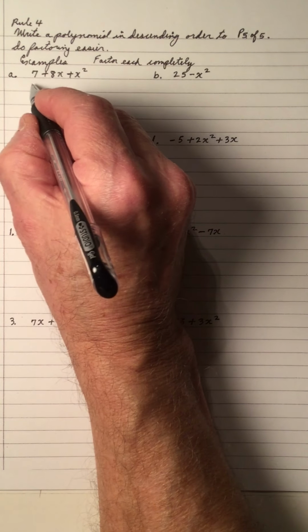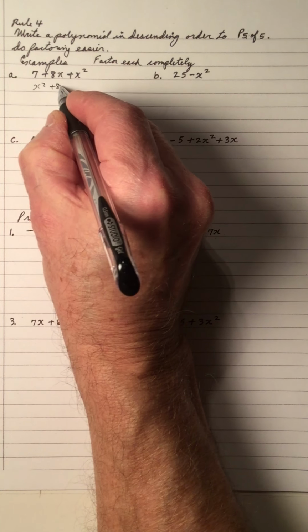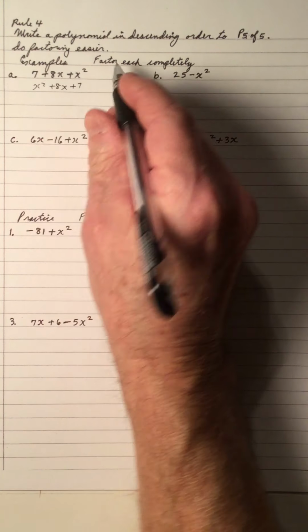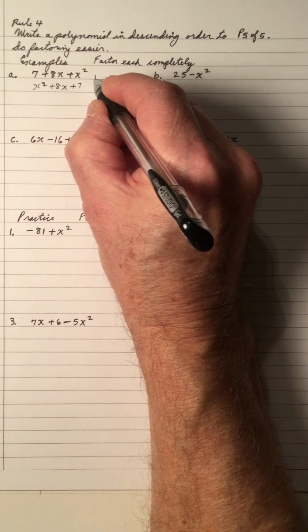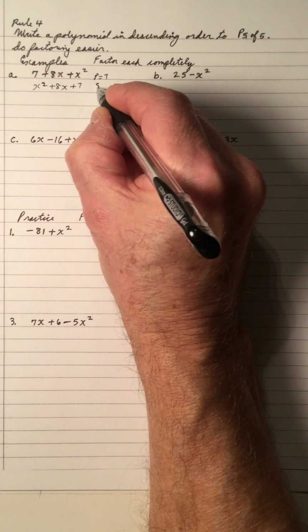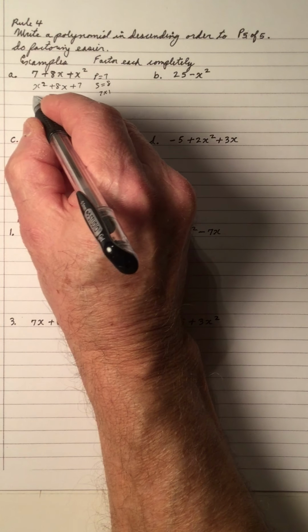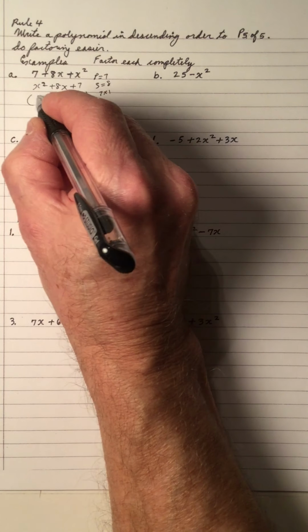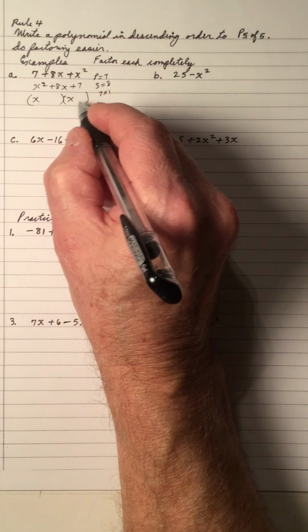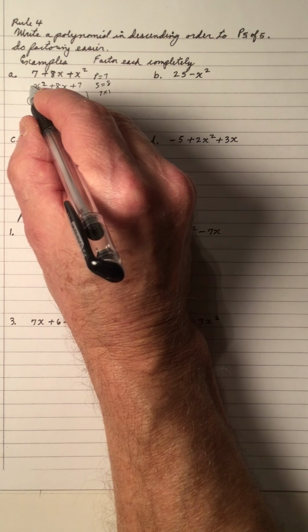So descending order is x squared plus 8x plus 7. And the product is 7. The sum is 8. 7 and 1 multiply. So I got a double bracket. I got an x and an x. Again, I can do double brackets because that's a 1.